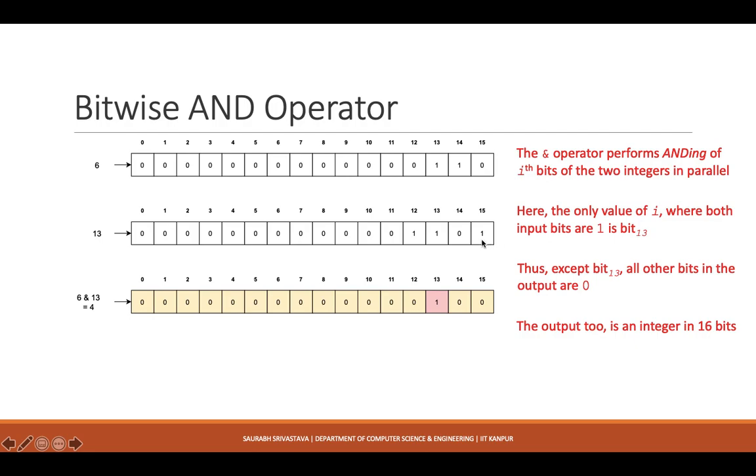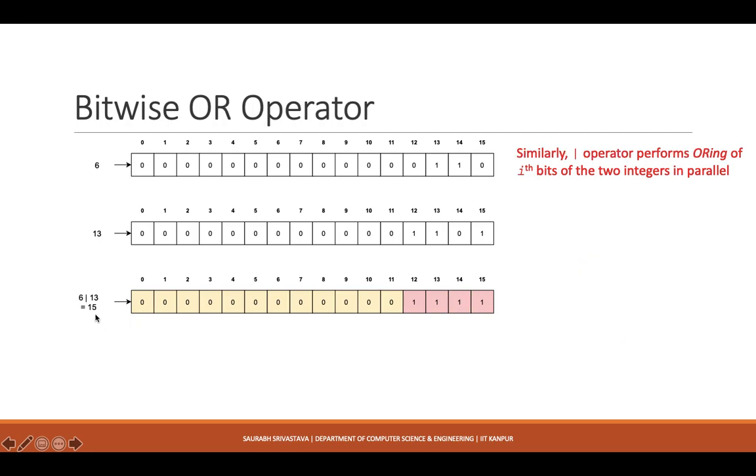If you have read Boolean algebra by now, these numbers would be in your memory already. You don't really have to look much. And then when you take an ANDing operation on these, this is what you get, and this is essentially the binary equivalent of 4.